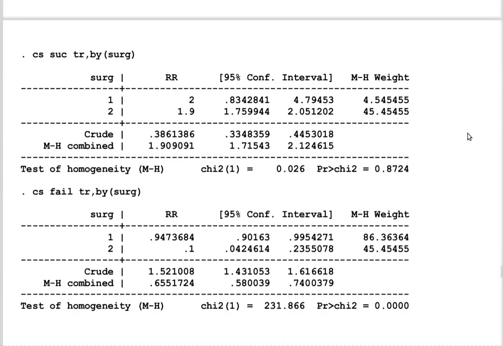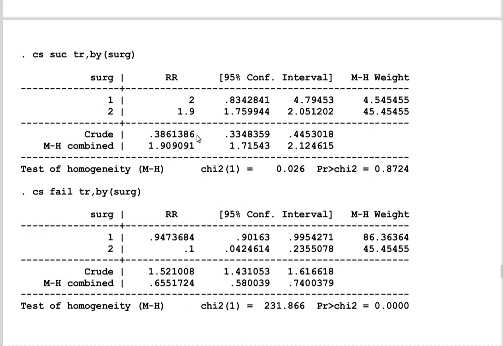Now we come to the stratified analysis. First of all, in this case, the success rate ratio. What do we see? The success rate ratio estimates of 2 and 1.9. Aha, we saw those earlier. And we then would say, okay, these two numbers are very close to one another, right?